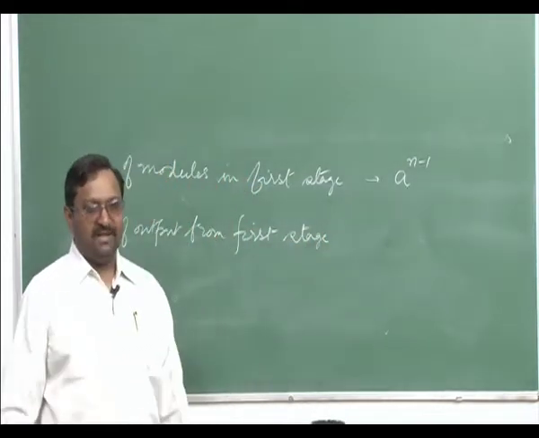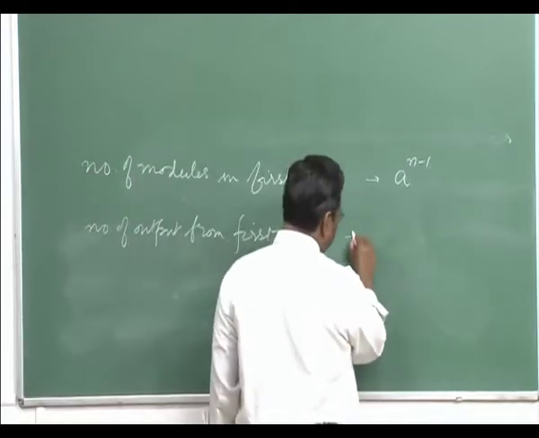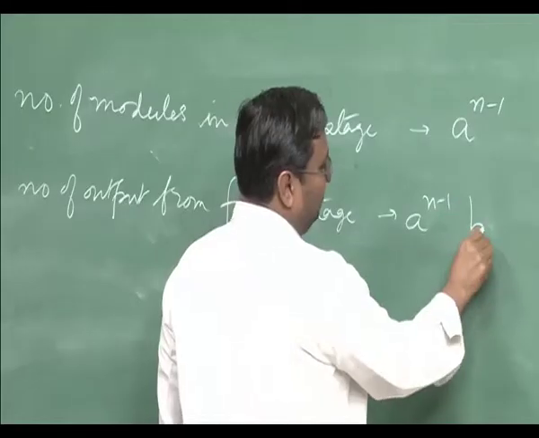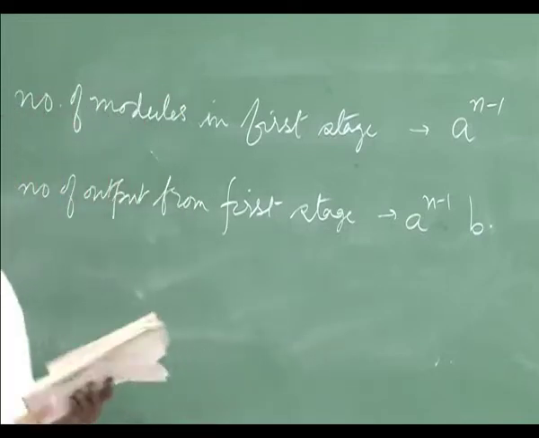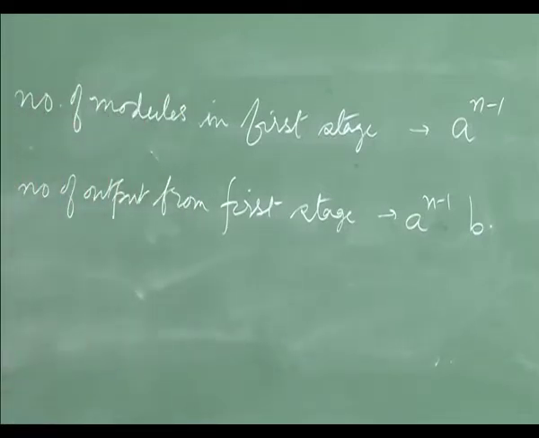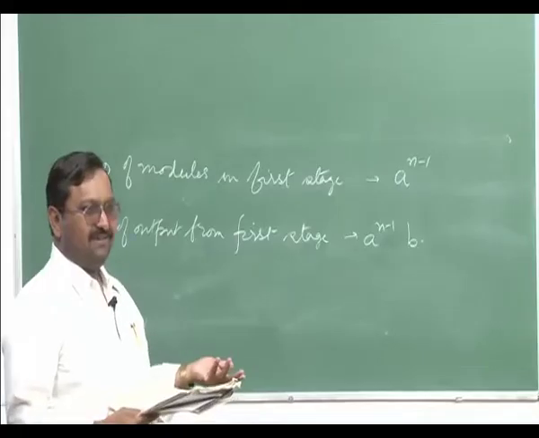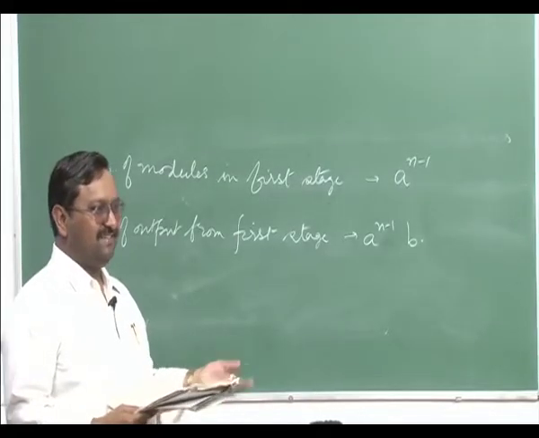Each switch is the output of B, so the number of modules has to be A raised to the power n minus 1 into B. This should be equal to the number of inputs to the second stage. So, how many modules are there in the second stage?